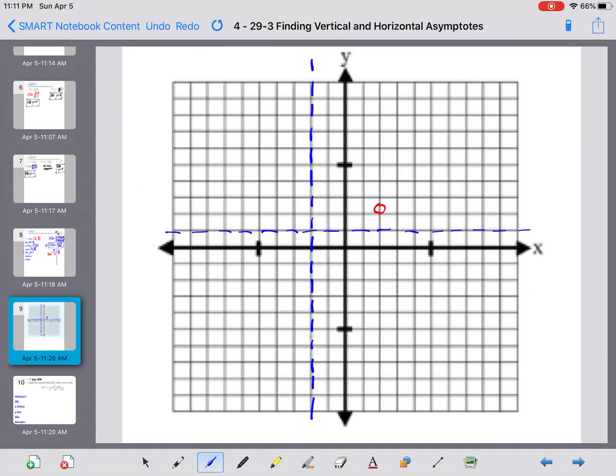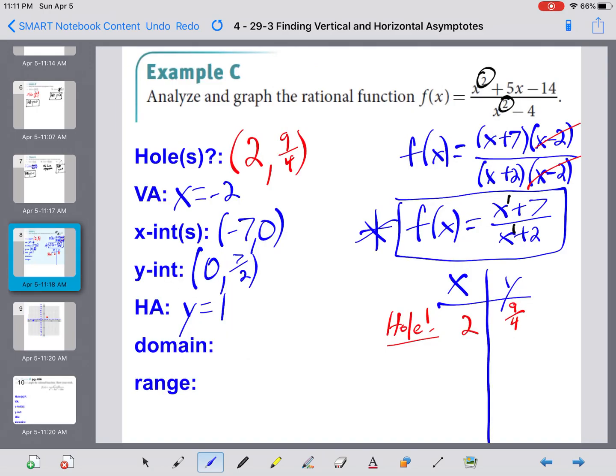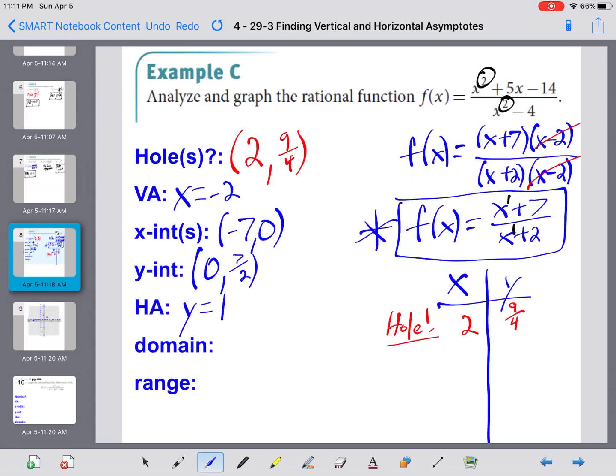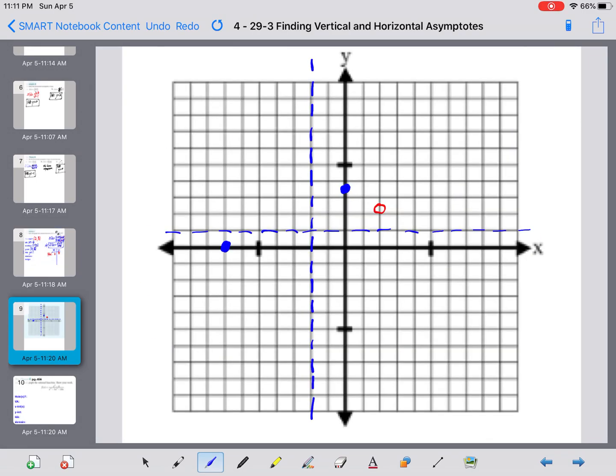We got an x-intercept at -7. I like the way this is working out. It kind of looks like things are in the right spot. A y-intercept at 0, 7/2. So 0 and 7/2, 3.5, right there. And that's everything. My horizontal asymptote is y equals 1.